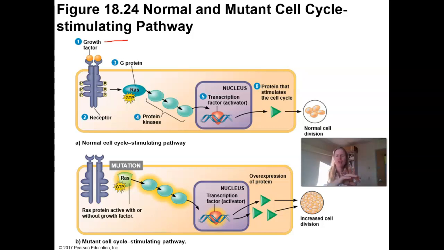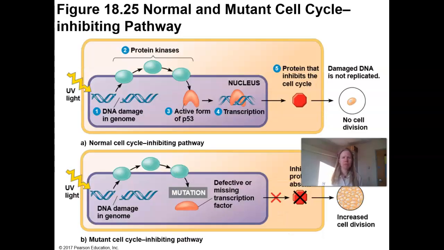Like if you scratch your skin off, you want these growth factors to tell cells to divide and replace themselves. But you might get a mutation where it doesn't matter. Notice that growth factor isn't bound here and we're still doing transcription. And so you get an overproduction of that protein. Okay. This is an example of where our stop sign isn't working.